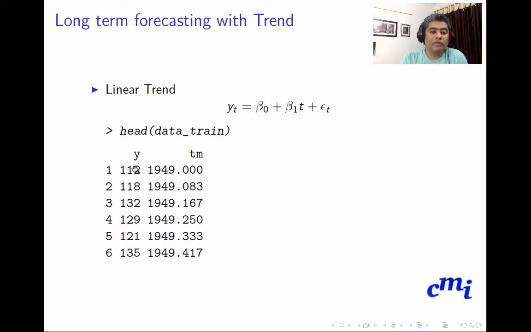These are the numbers of air passengers who traveled during that month of that year. So this is the data structure, and we have to fit this model to this data.